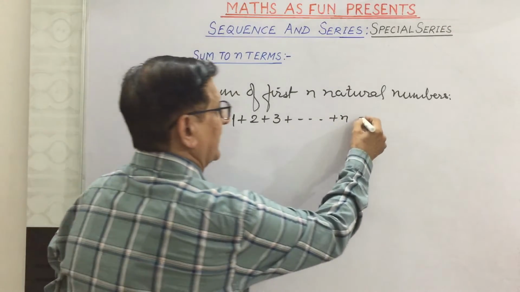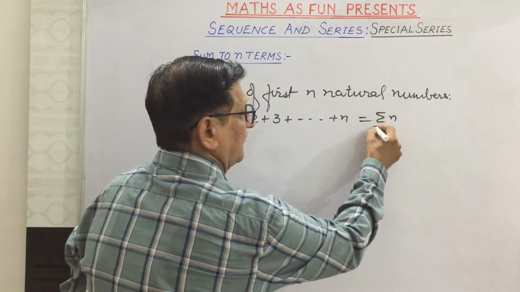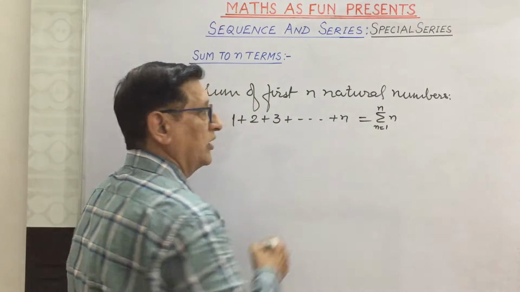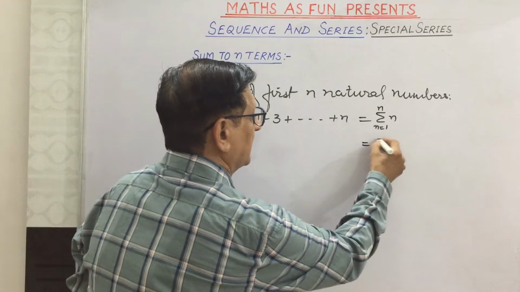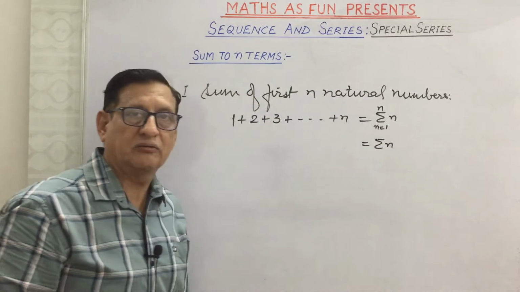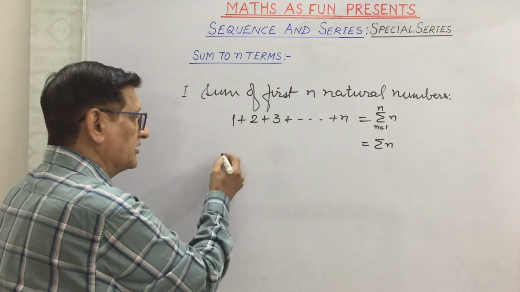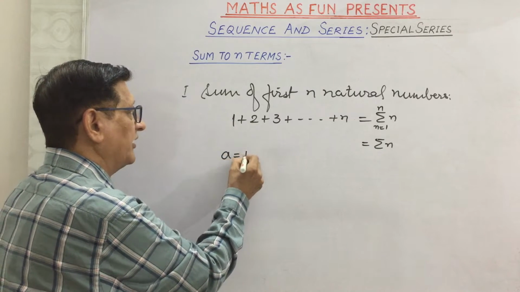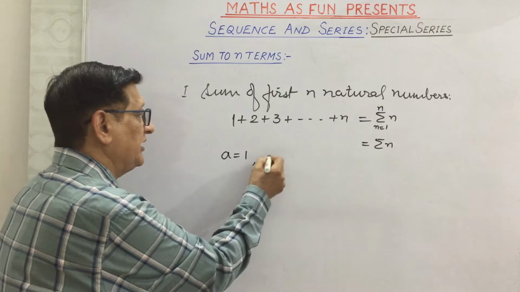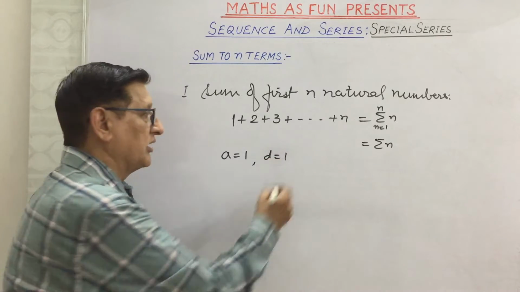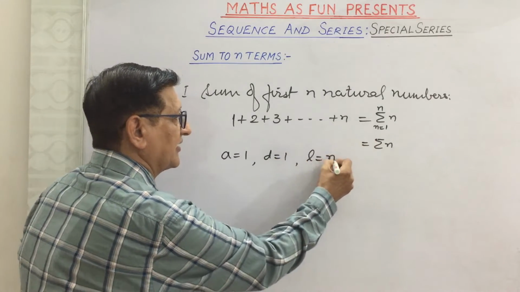We represent this by sigma n from n is equal to 1 to n, or we write it simply as sigma n only. How to find out the sum? Say it is an AP where we find A is 1 and D is also 1. The last term L is given as n.